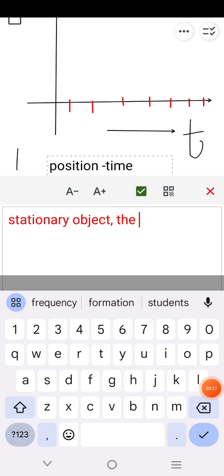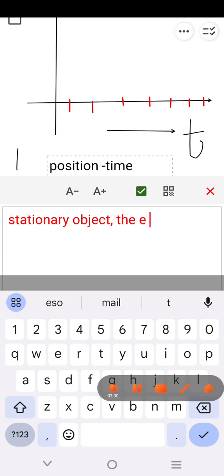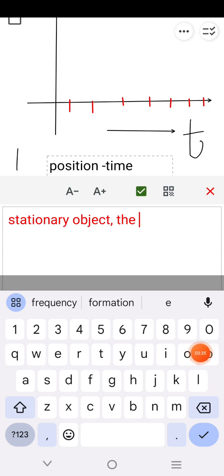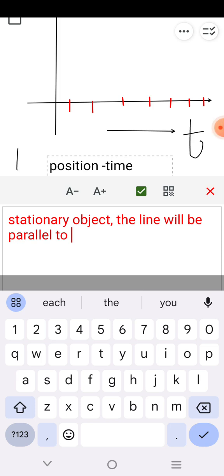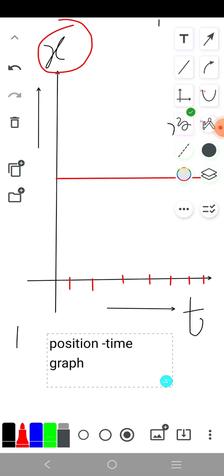The line or the graph will be parallel to the time axis. If there is a position time graph, the line will be parallel to the time axis.